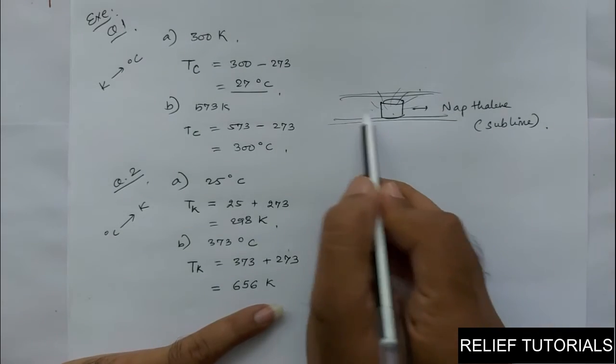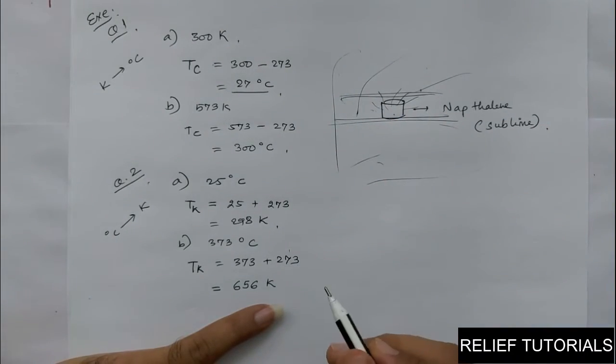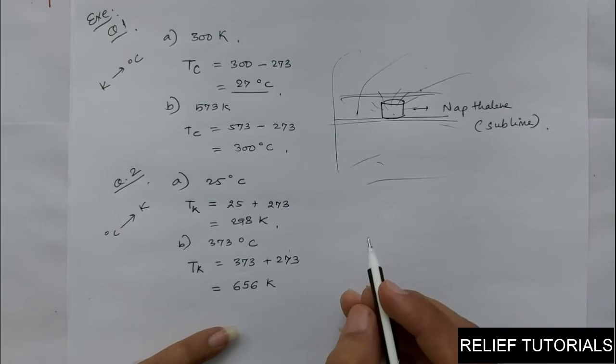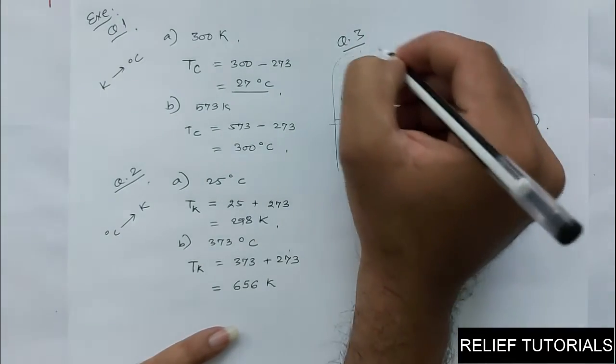So the smell of these naphthalene balls spread throughout the cupboard, and it prevents the germ production between the cotton clothes. Okay, so this was question number 3A.